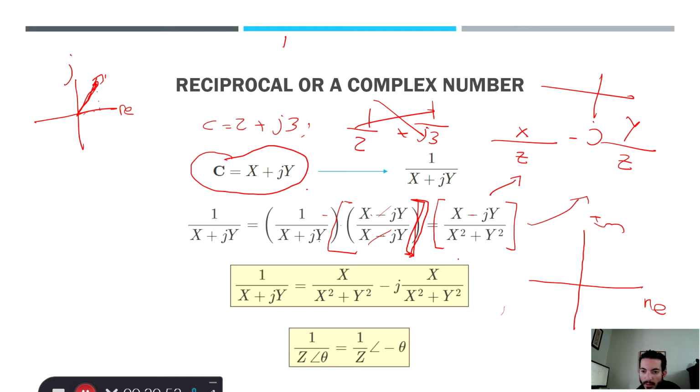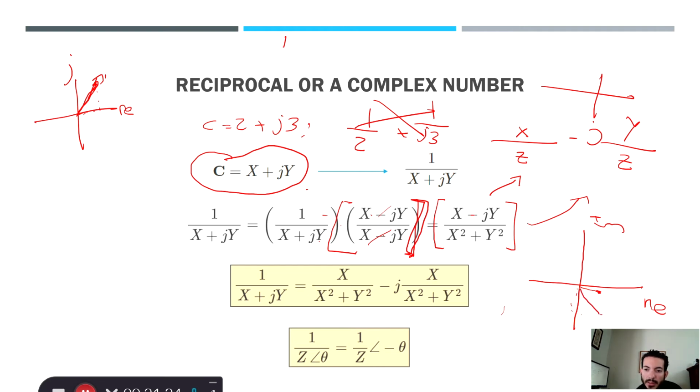If you go back to this point right here, in the real axis you have x, which is 2, divided by z, which is the square root of 2 squared plus 3 squared. So this is 9, and this is the square root of 13. So 2 divided by the square root of 13 is going to be a much smaller number, and then it's going to be minus a much smaller number.